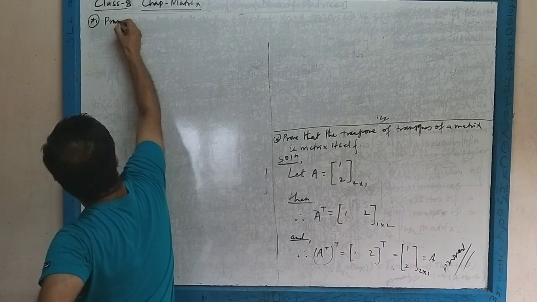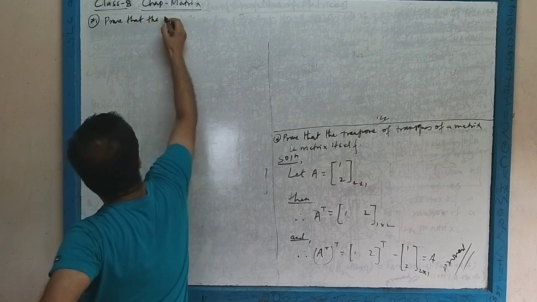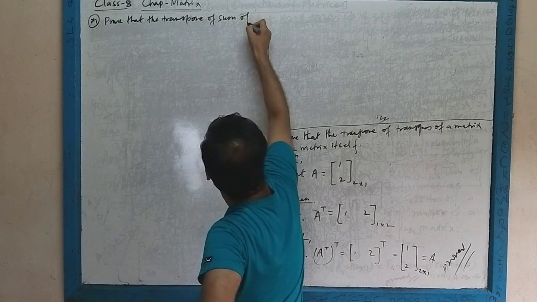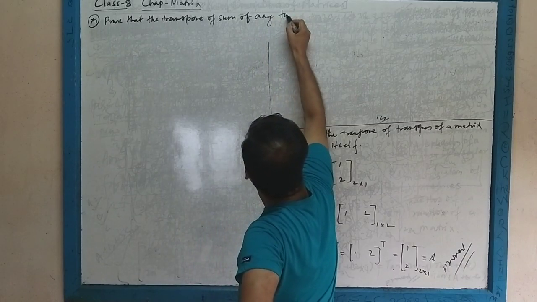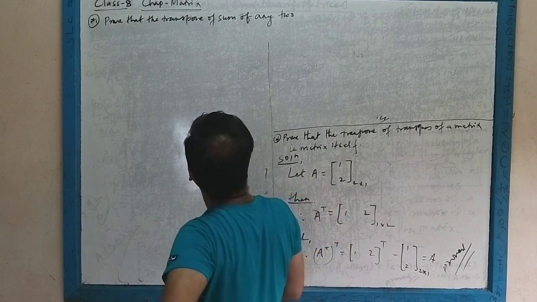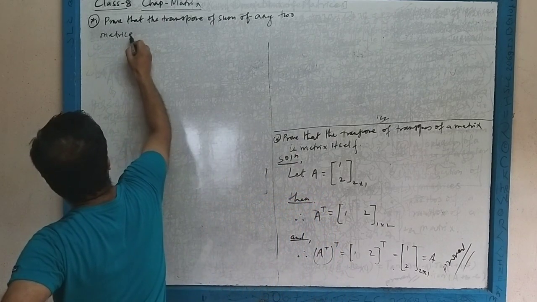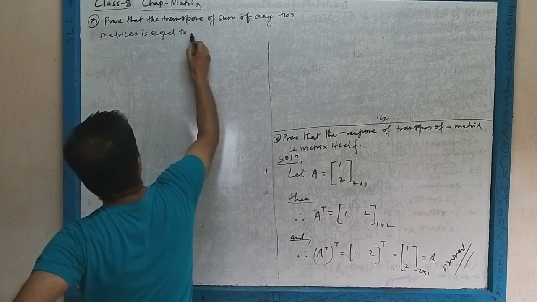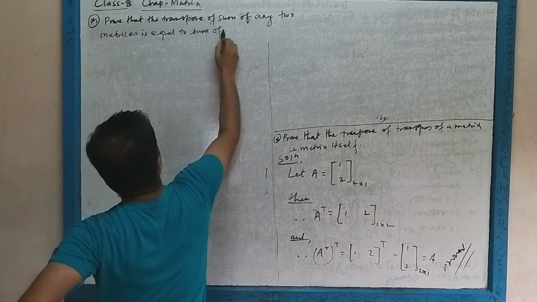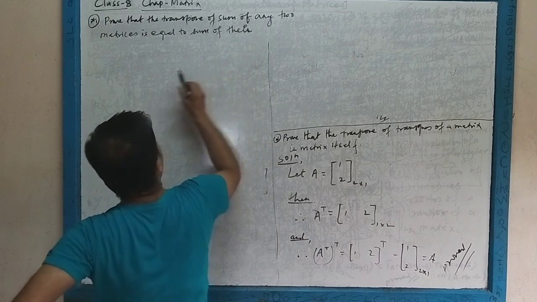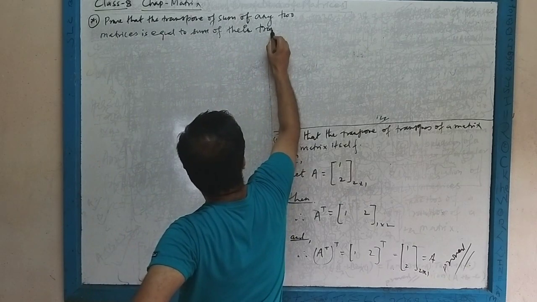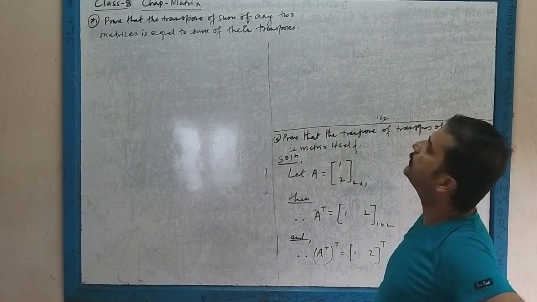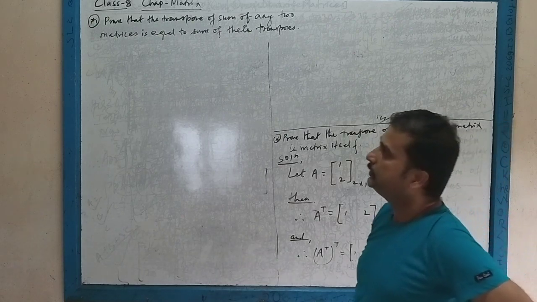Prove that the transpose of sum of any two matrices is equal to sum of their transposes.